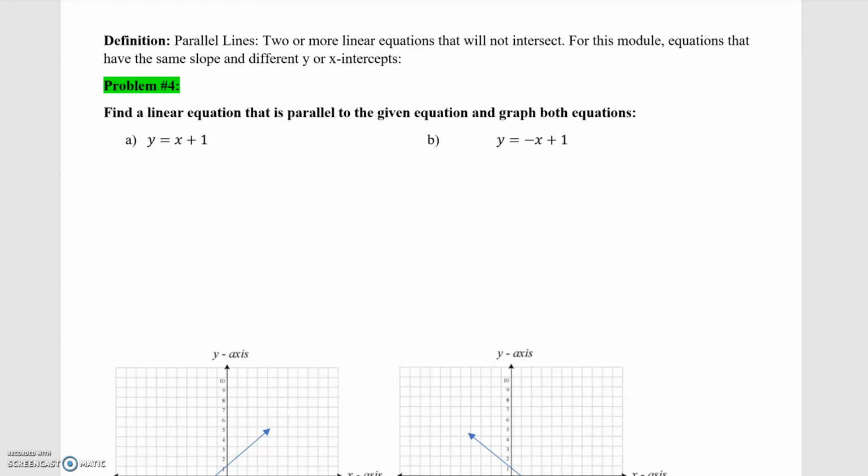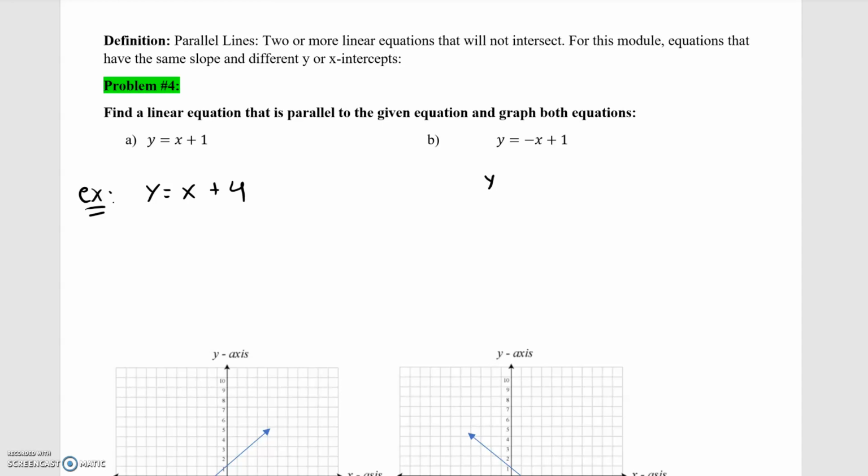And they want us to find an actual line that's parallel to these. So for example, for the first one, you're just required to have the same slope. So I'll just say x and a different y-intercept. I'll say y = x + 4 will be an example. We'll graph it in a minute.